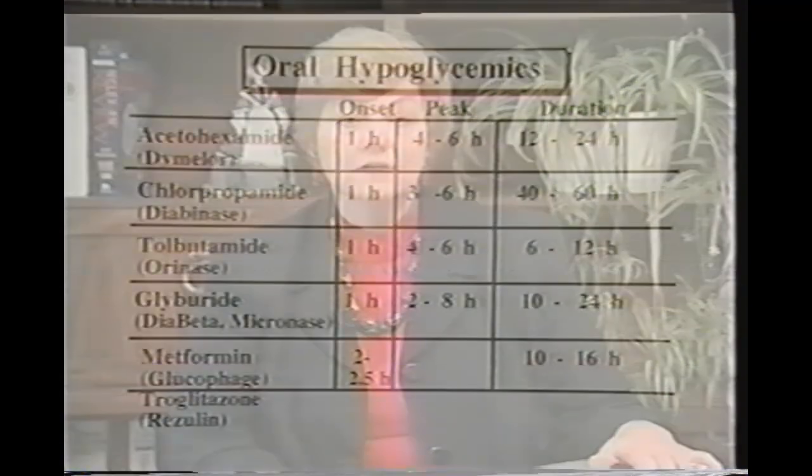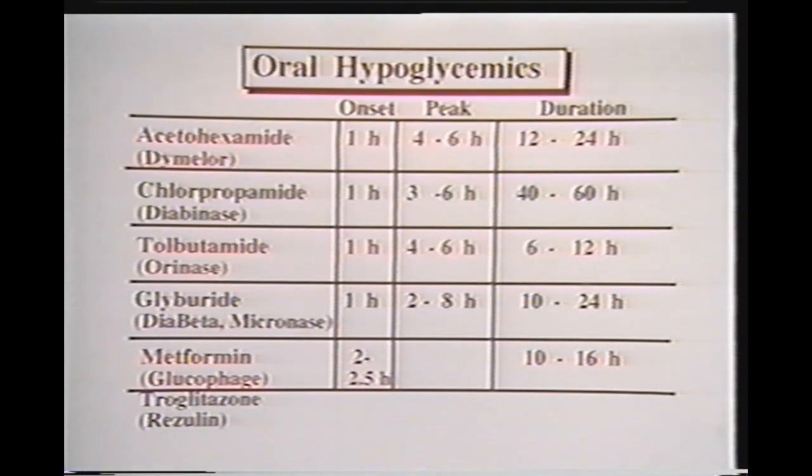Notice that they have onsets and peaks and durations. Well, I don't think you need to memorize all of those for NCLEX. I think you do need to know that if a patient takes an oral agent and doesn't eat their next meal on time, they may develop the symptoms of hypoglycemia, exactly the same that we talked about with insulin, and the treatment is the same. Feed them.